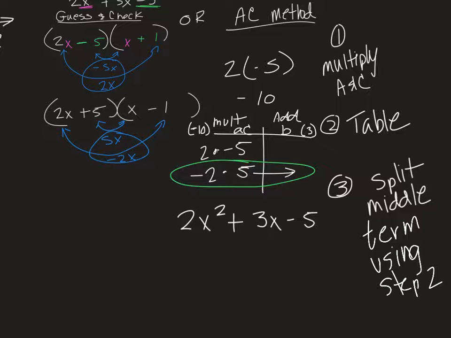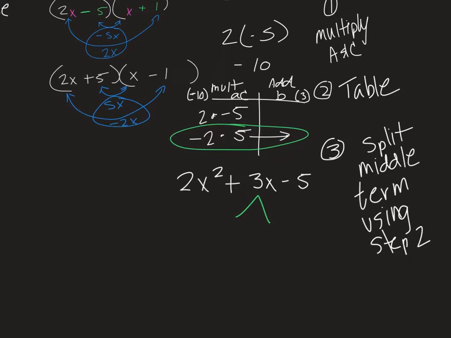So what I mean by that, you're going to take this 3x and you're going to divide it up into negative 2x plus 5x. So the negative 2 and the 5 that you got a minute ago, you're going to use them to divide up that middle term.